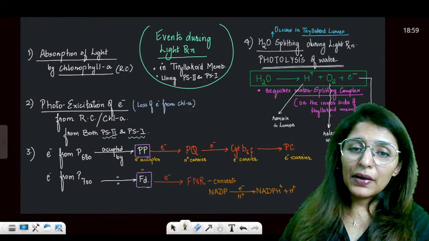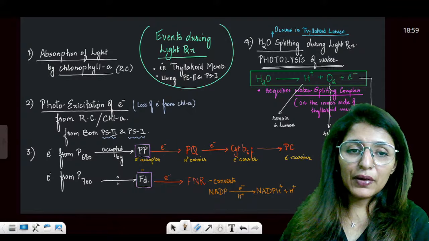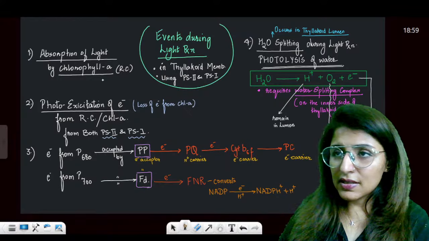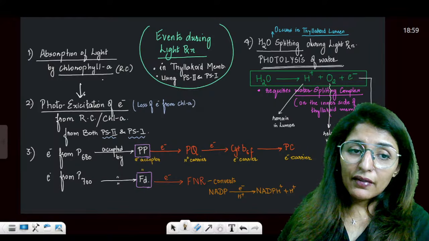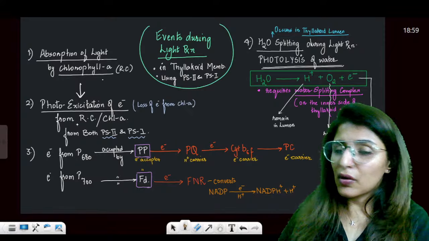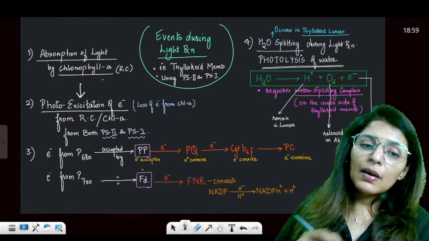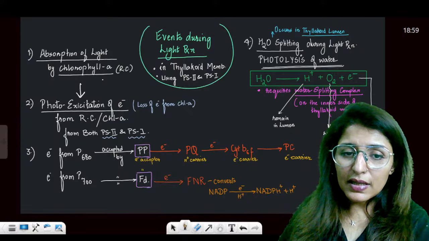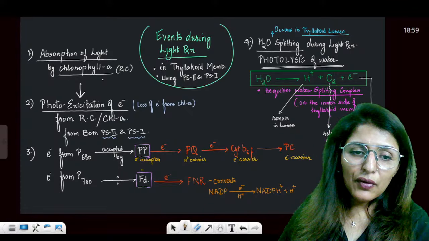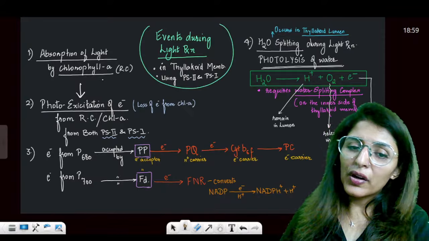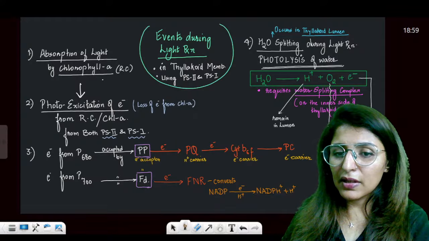See, what all happened during light reaction? Number one, absorption of light by chlorophyll A, that is the reaction center, followed by photoexcitation of electrons from the reaction center. That means loss of electron took place from chlorophyll A, both from PS2 and PS1. From P680 the electron is accepted by pheophytin, moving to PQ, then cytochrome B6F, then PC.